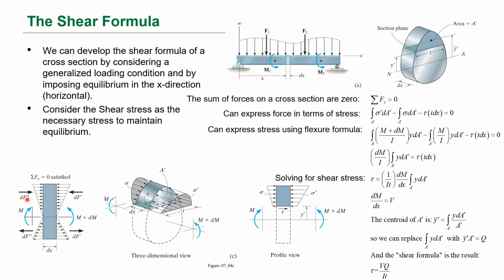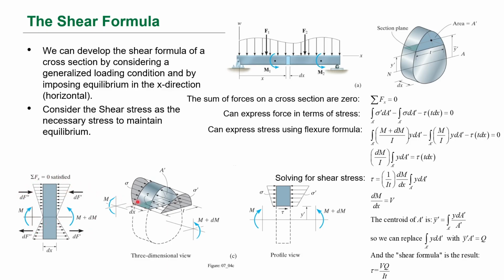Over here, we have df double prime. Over here, we have df prime. These are equal and opposite with maybe some small difference, and that's accounted for in this dM moment term. The point is, if you have different forces on different sides, you can still look at the equilibrium, and it just allows you to introduce more terms.